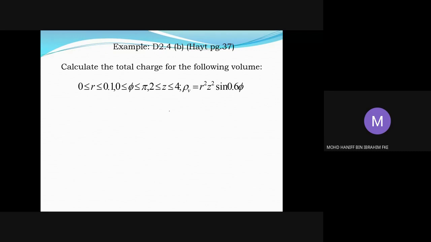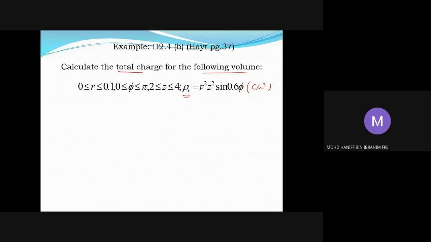We are given that the range of R is from 0 to 0.1, phi is from 0 to pi, whereas Z is from 2 to 4, with the given volume charge density rho v equal to R squared Z squared sin 0.6 phi, in coulombs per meter cubed, because we are dealing with a volume charge distribution.